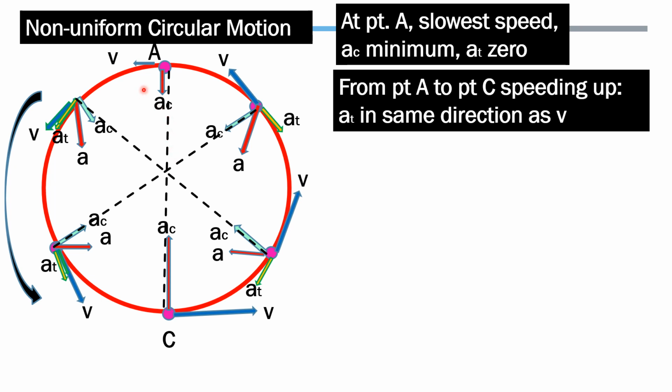Now, just after moving from point A with an increasing tangential velocity, the rate of change in the tangential velocity is exactly what we call the tangential acceleration. It is due to the increase in the magnitude of the tangential velocity.